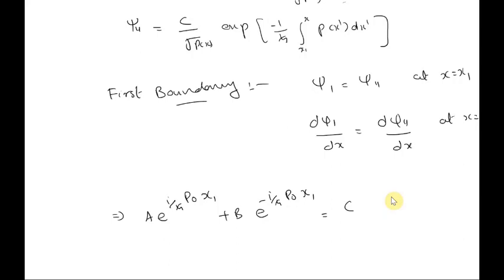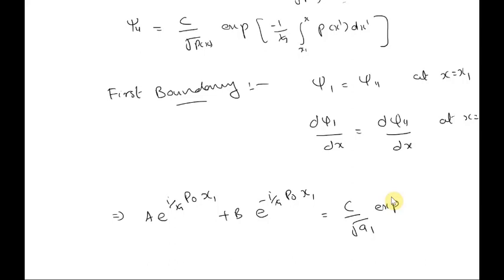That root p of x, p of x is actually a variable, but at x equal to x1 it has a particular momentum. That value I have to take; I cannot put it in variable form here, so I take the value of the momentum corresponding to the point x1, because we are putting in the boundary condition. So that becomes root, I'm taking that value as a1.